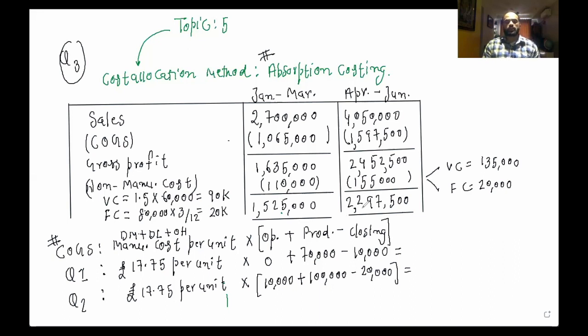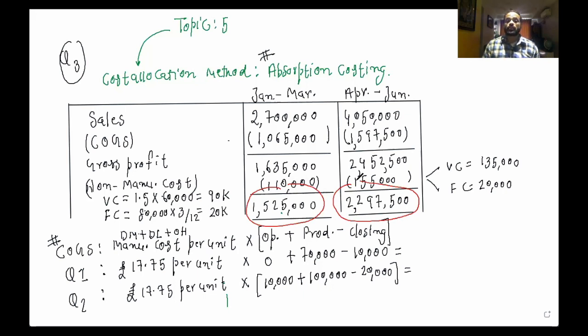All right, so this is your profit for 2 different quarters using absorption costing. All right. So question 3 is finished.